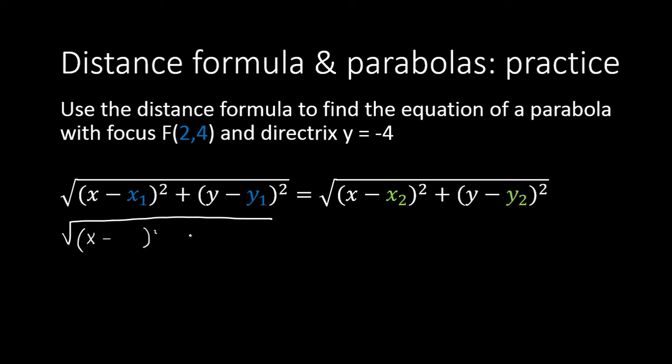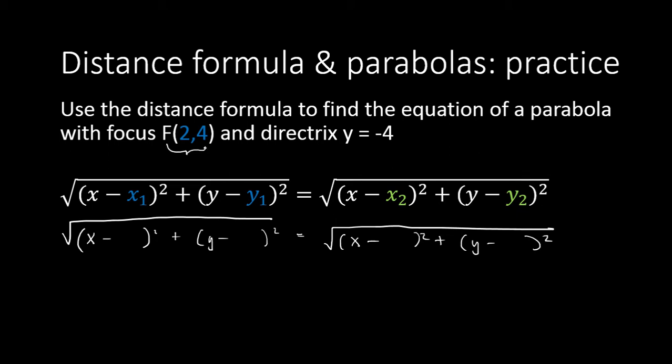So I'm going to keep everything in white, and I'm going to leave space to fill in the rest of the information. So I've got this focus, which gives me an x and y value, but then I've got this y and no x to go with it.